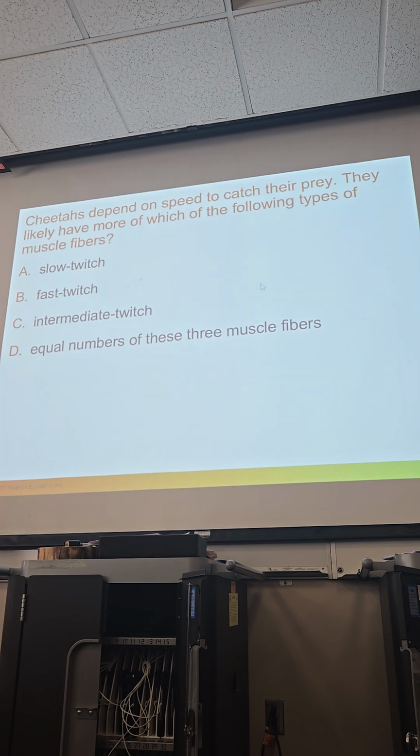All right. Probably everyone in here could outdistance a cheetah. That's not the problem. Cheetahs are very, very fast. You're already dead 10 feet back. Because they have fast twitch. You have intermediate to slow twitch.